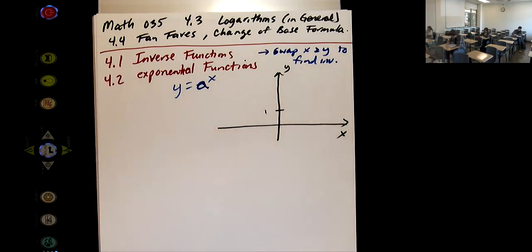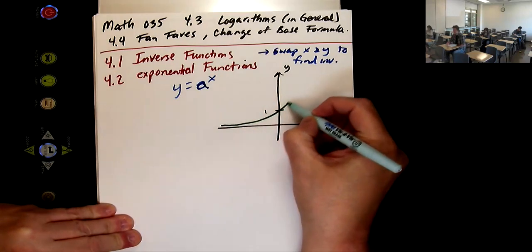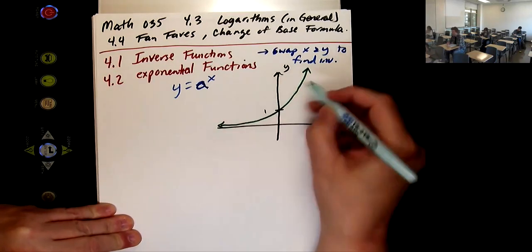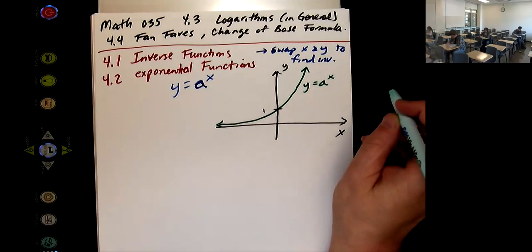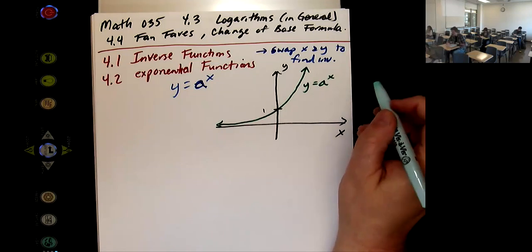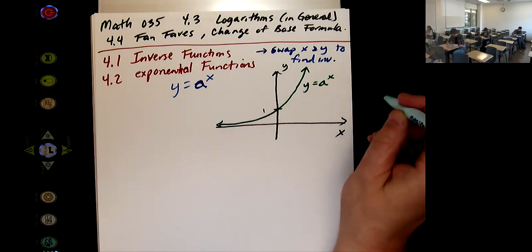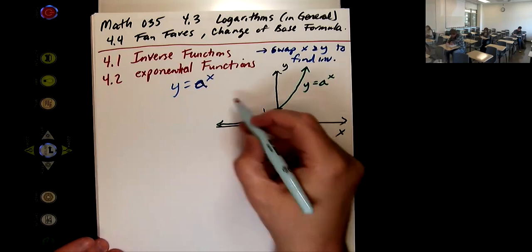y equals a to the x goes like this. That's a one-to-one function, isn't it? This function is one-to-one.